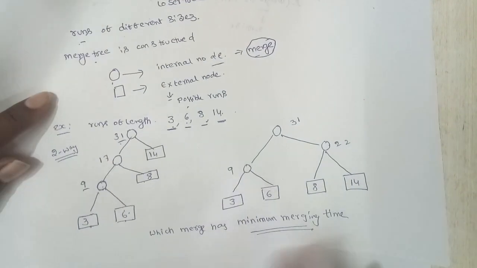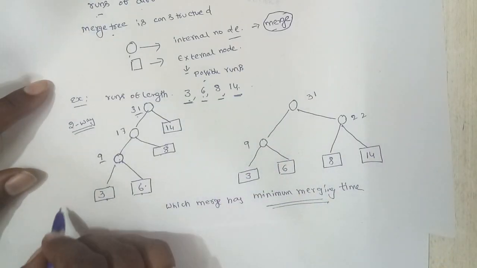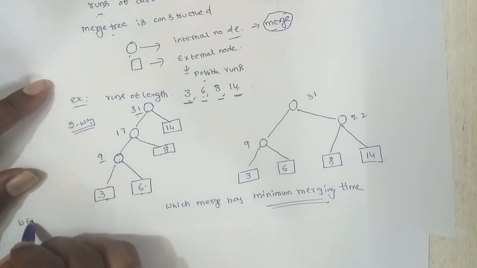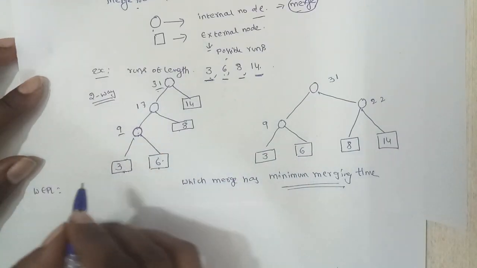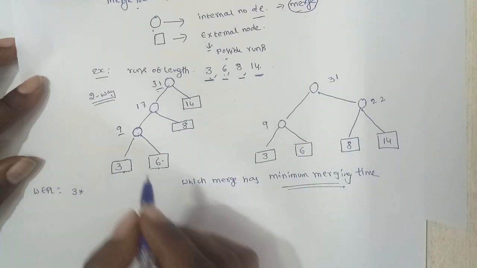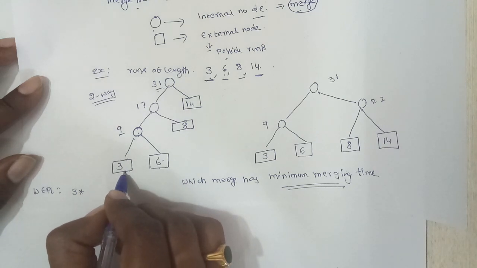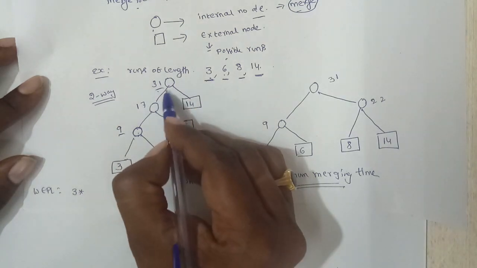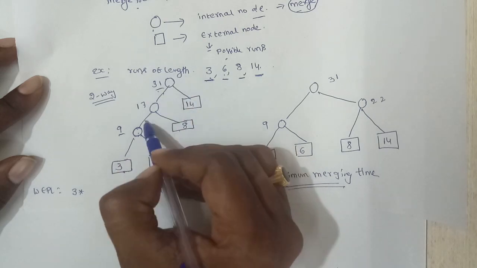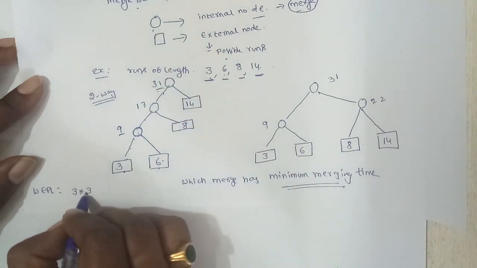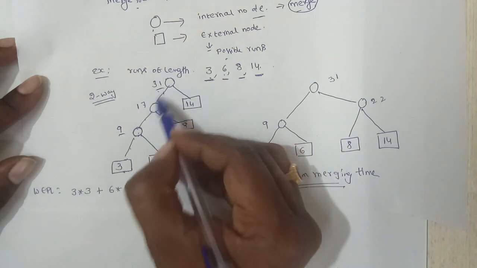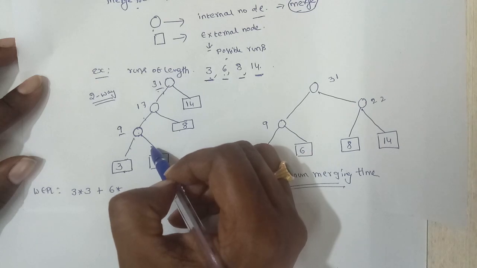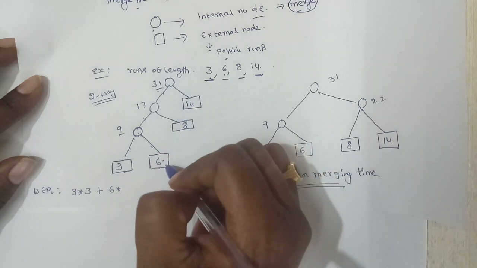Okay, first I am calculating for this one. WPL is equal to, for node 3, the weight is 3 and the depth is 3 from the root node, so 3 into 3, plus for node 6, 6 into 3. The depth means the path length from the root node to that particular node.